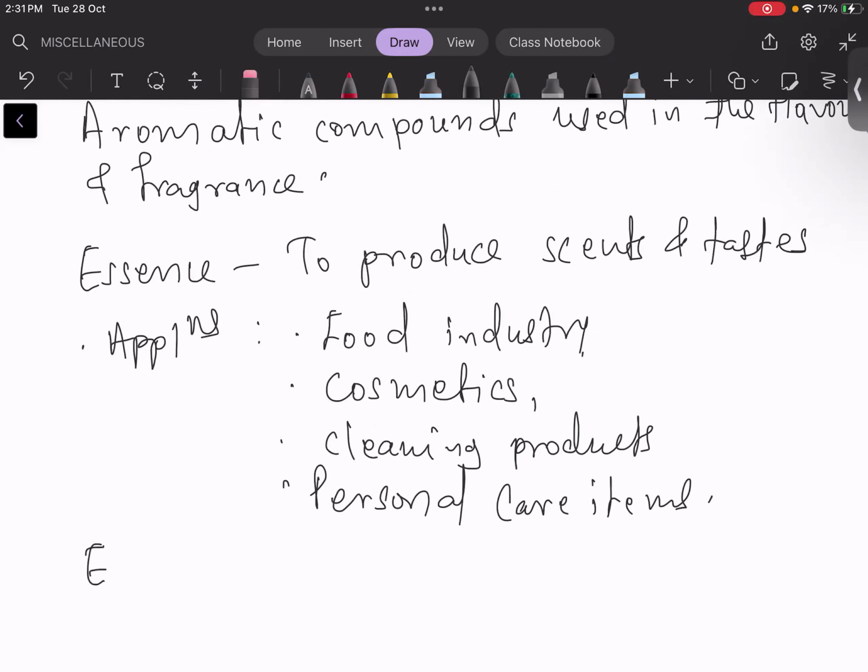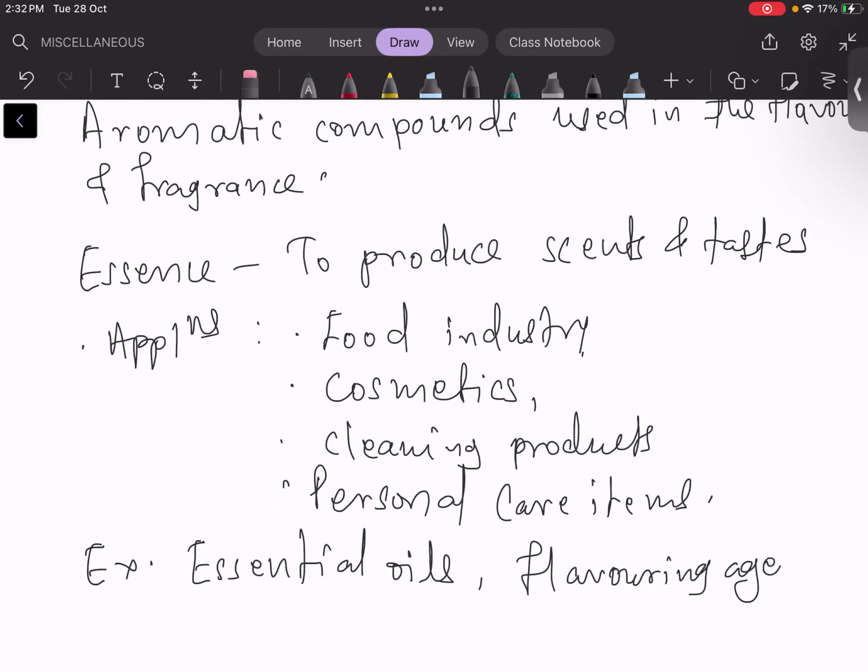Now, some examples of essence include essential oils, flavoring agents, and fragrance oil, etc. Is there any doubt to anybody?